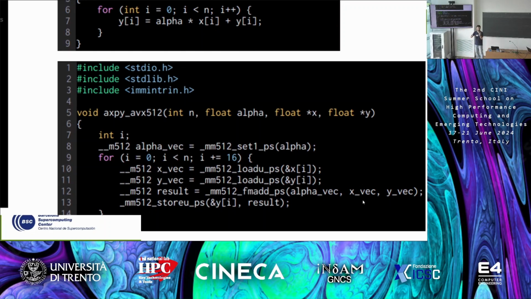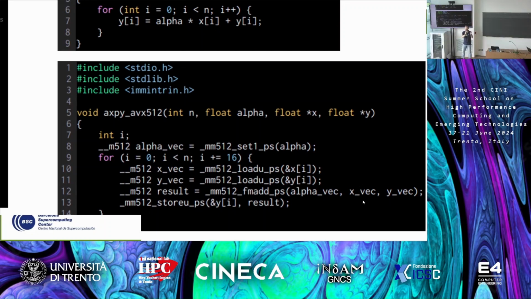So now I have 3 registers, x, y, and alpha, that are ready, so I can operate them with the fused multiply and add. That is one instruction that is doing alpha times x plus y, okay? And I'm storing it into result, and then I'm doing a store that is a vector store. It's not a scalar store.